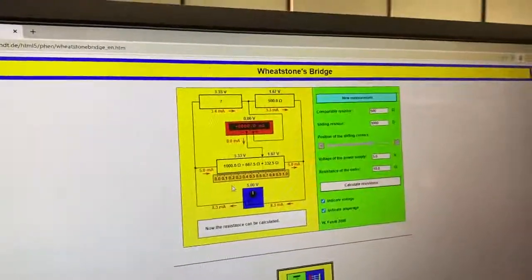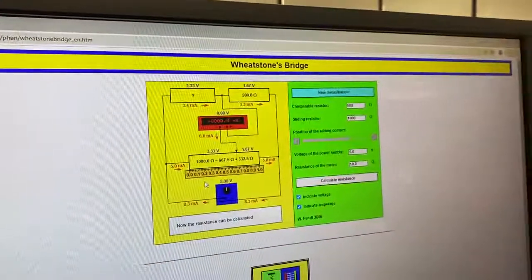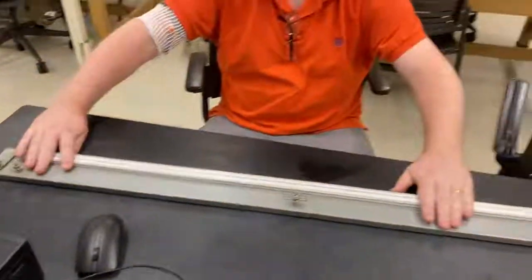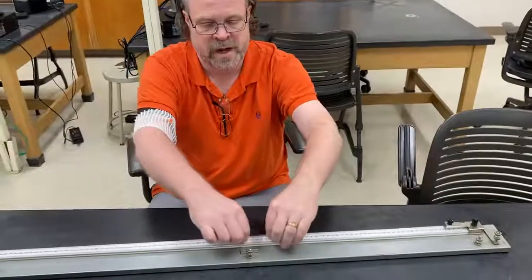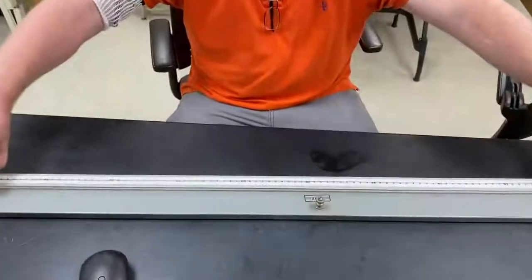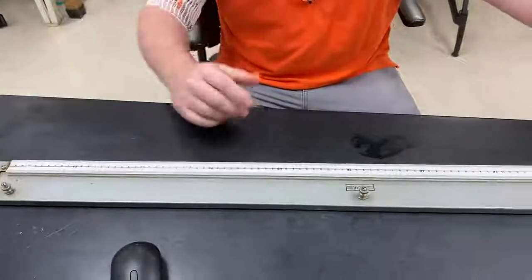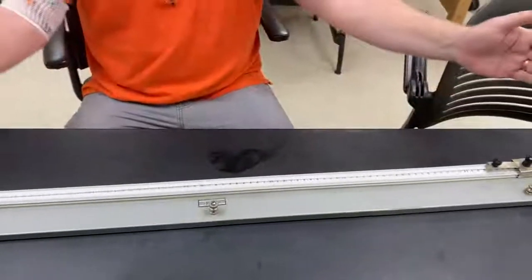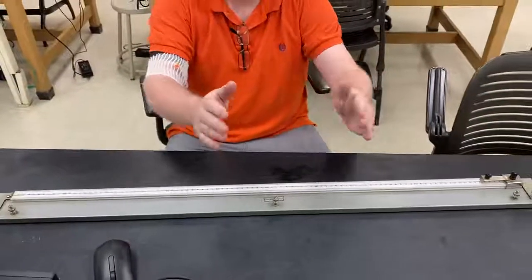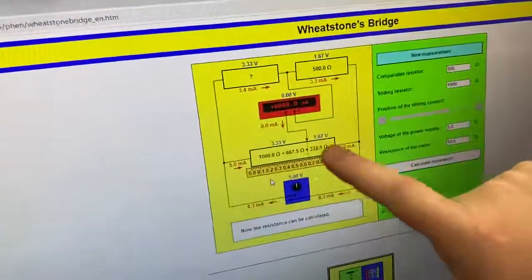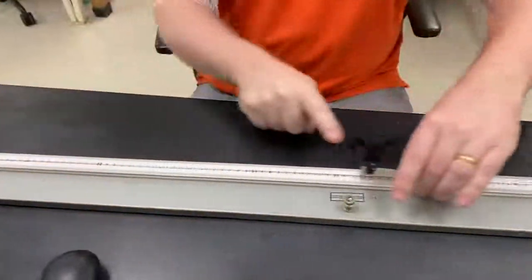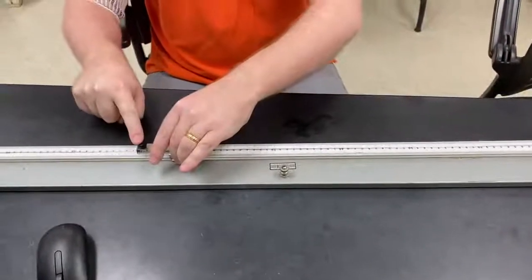So the last thing I'll show is a comparison of how this device works relative to a real-world system, which can perform a similar measurement. But this is a nichrome wire across there. The wire has some resistance, and the resistance depends on how long the wire is. So if you have a longer wire, it has more resistance. You have a shorter wire, it has less resistance. So what one would do is perform a function identical to what's happening here in the simulator by sliding the joint at which one makes the electrical connection.